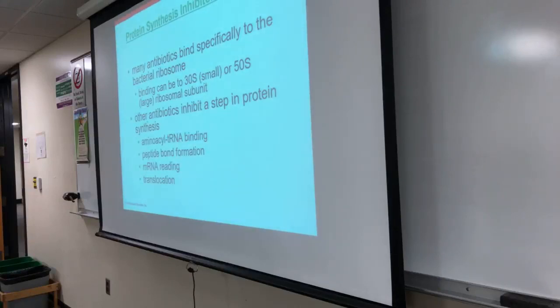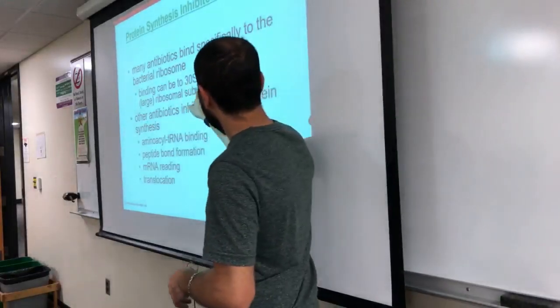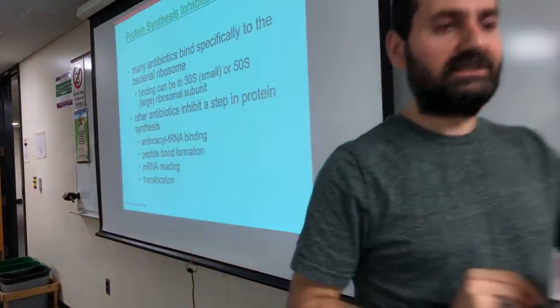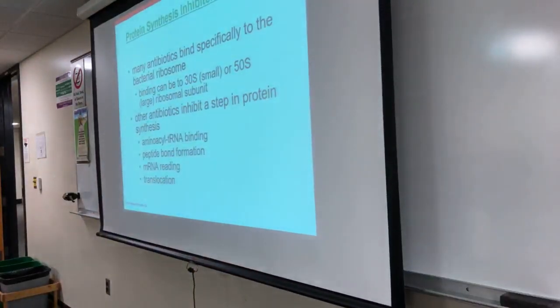Does that make sense? Now you get how drugs work. Drugs are just small molecules that bind to and prevent the function of different parts of the cell, right? So anyway, you don't need to memorize that this particular drug targets the 30S subunit, and this one targets the 50S subunit, and things like that. You don't need to worry about all that detail.